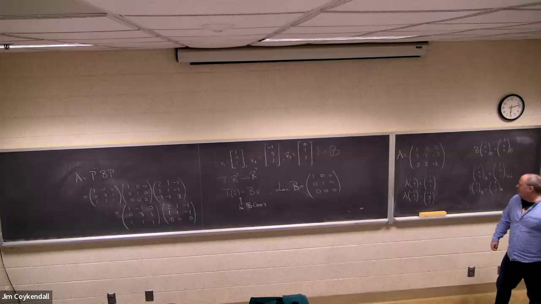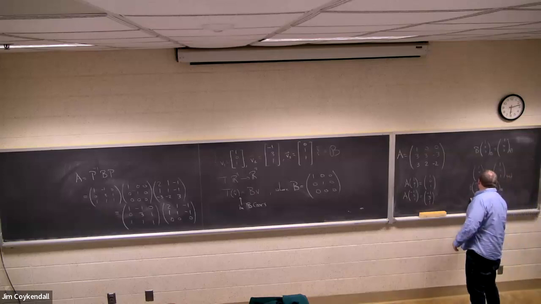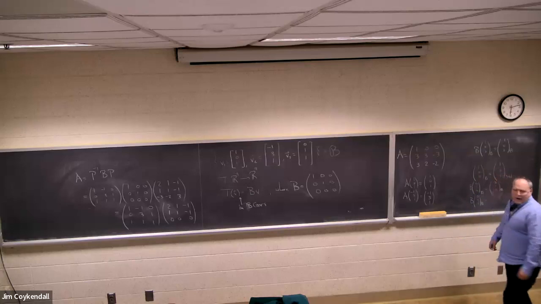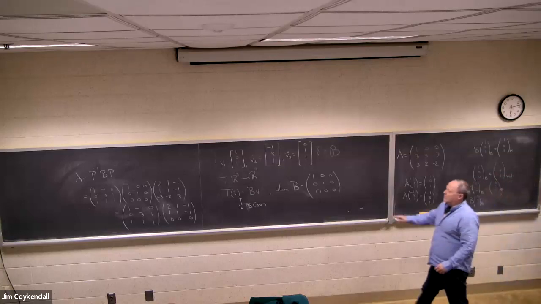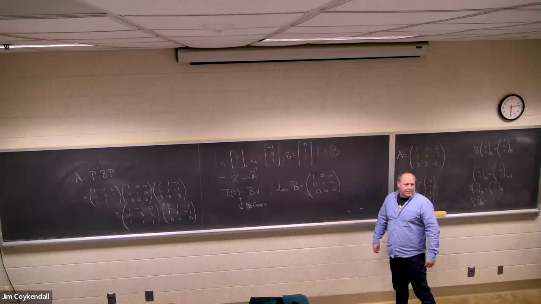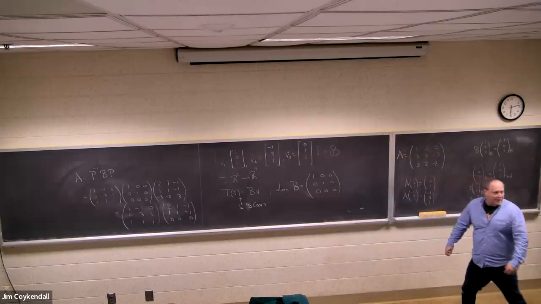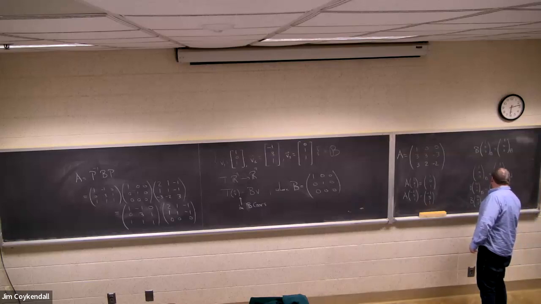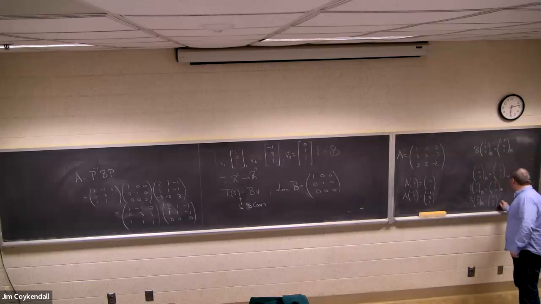Right. And finally, I guess we might check the last one here, 0, 0, 1 in B coordinates. What does this matrix do to 0, 0, 1 in B coordinates? Make it a zero vector, right? Do I agree with that?